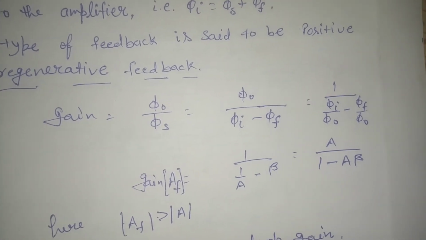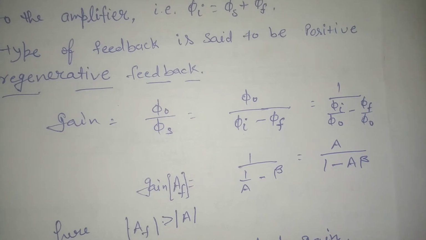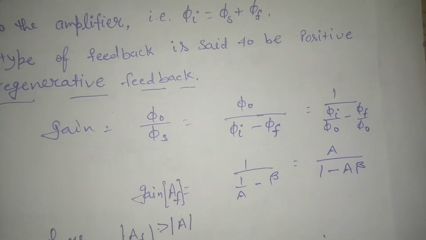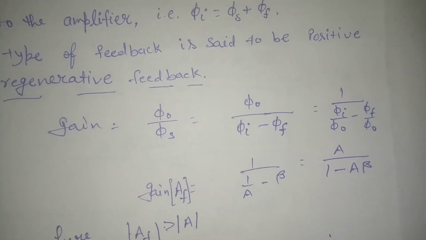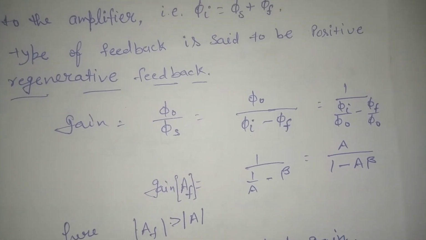So the open loop gain is A = Φo/Φs, where Φo is the output and Φs is the input signal.